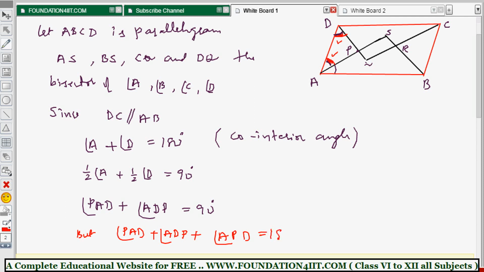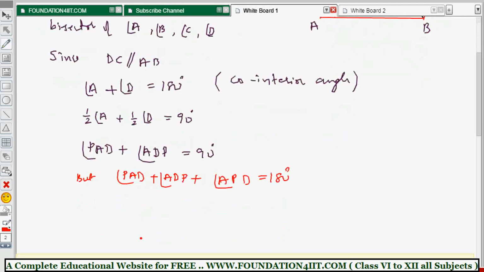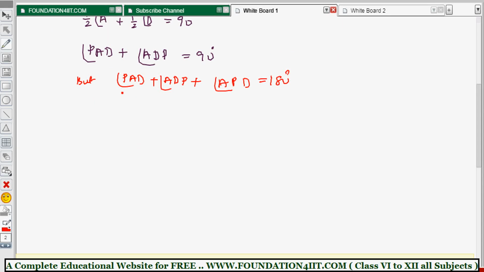The sum of these three angles is 180 degrees, but already these two angles add up to 90 degrees, plus angle APD equals 180. Therefore angle APD equals 180 minus 90, which is 90 degrees. So finally we got angle APD is 90 degrees.